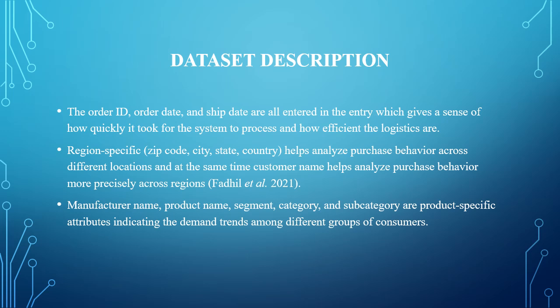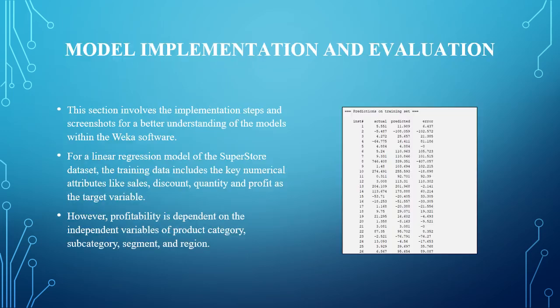Manufacturer name, product name, segment, category, subcategory, and product-specific attributes indicate the demand among different groups of customers.